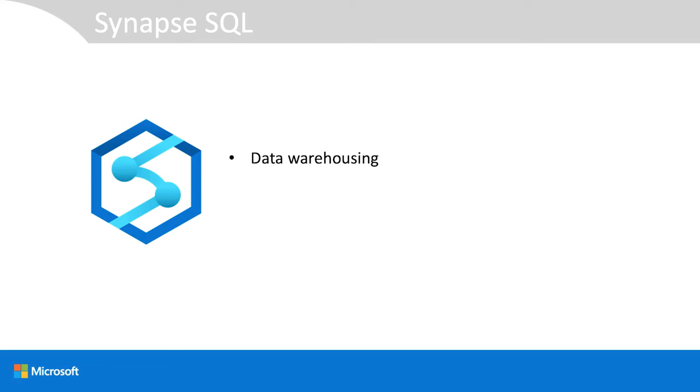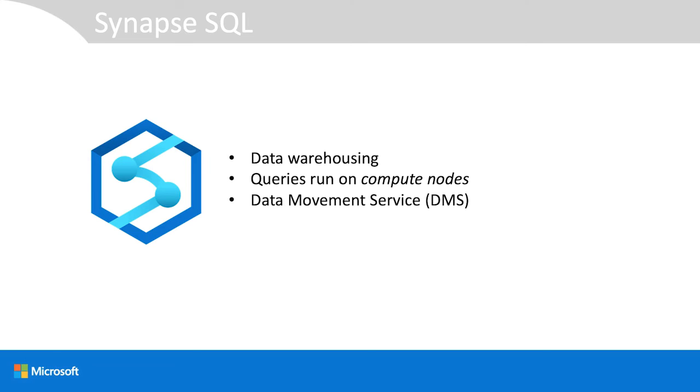Using Synapse SQL, you can run powerful queries against your big data, and these queries run on what's called compute nodes. And you can actually have multiple compute nodes running at the same time, and that means you can run multiple queries in parallel. Each compute node runs a component called Data Movement Service, or DMS, and this allows data to move efficiently between the compute nodes.